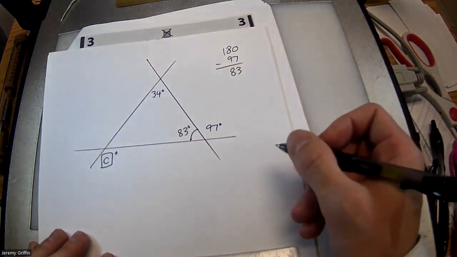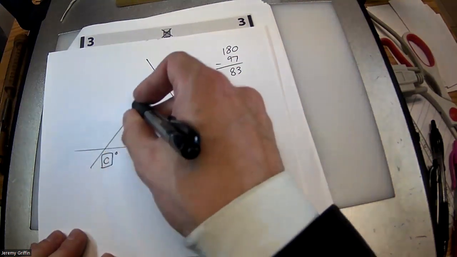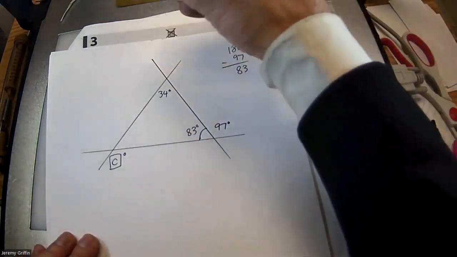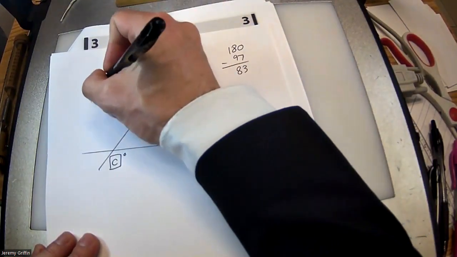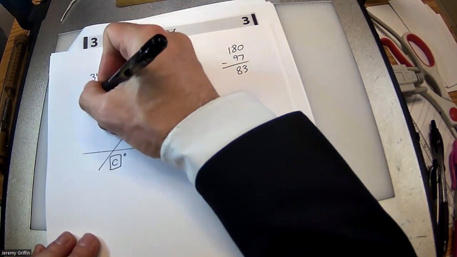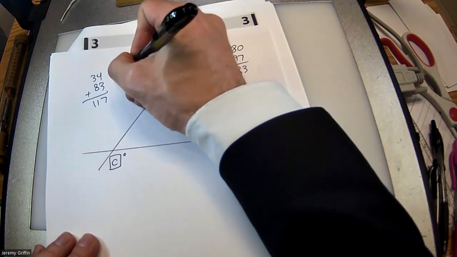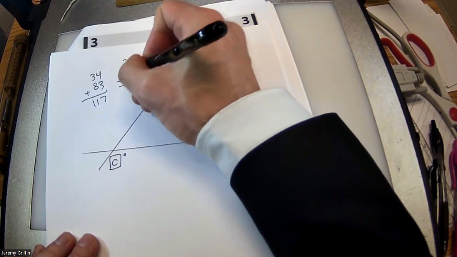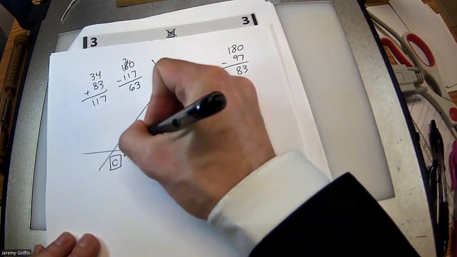Okay. The other thing you have to know to get this is for a flat triangle, what do all three angles add up to? Also 180. So let's add these two guys together. 34 and 83. 117. Right. And then if you do 180 minus that 117, that's 63 degrees. That makes it 63 degrees, doesn't it?